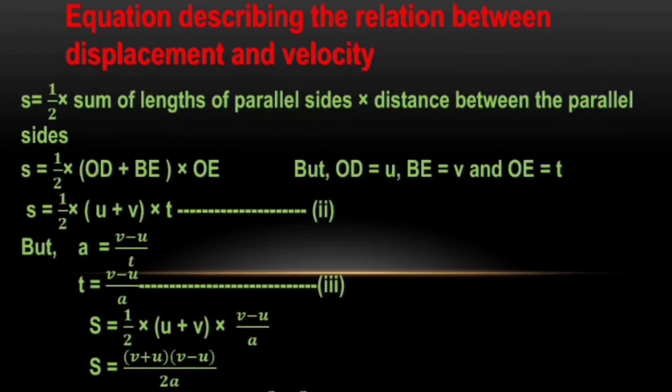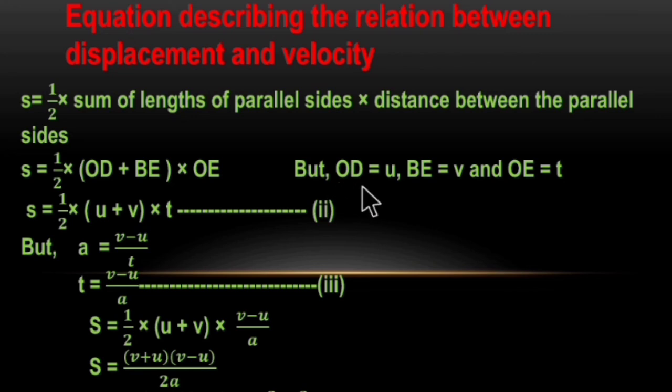Here s is equal to the area of the trapezium DOEB. So s is equal to half into the sum of the lengths of the parallel sides into the distance between the parallel sides. s is equal to half, OD plus BE, into OE.